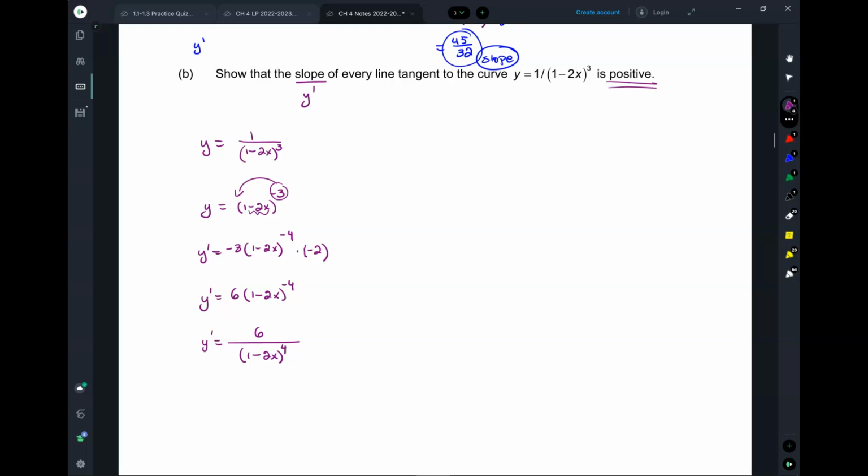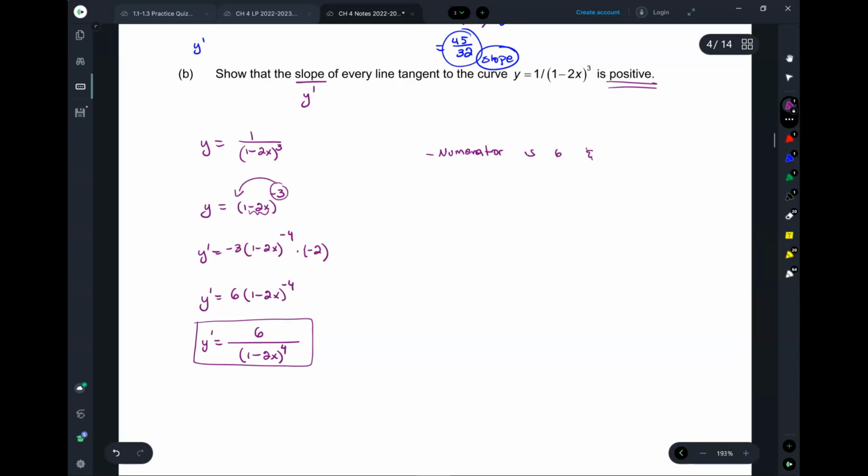Okay, let's go back to the question. What was it asking? Show that the derivative is positive. Okay, let's take a look at this. Is this term always positive? Well, let's see. The numerator is 6. Okay, that's always positive. So numerator is 6 and always positive. Okay, the denominator has an exponent of 4.